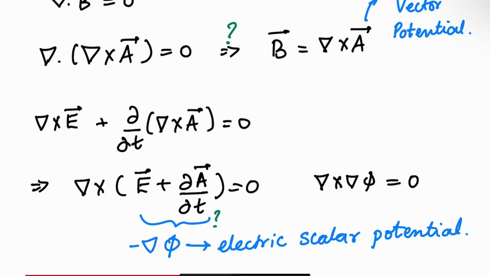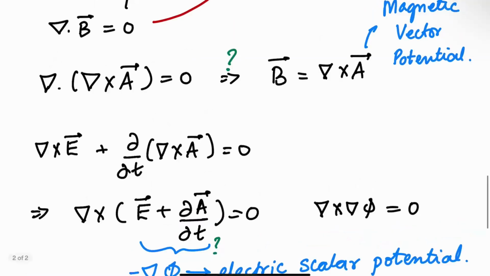Okay, so what I said here is the divergence of curl of A is 0, and we know the divergence of B is also 0, so B is equal to curl of A. But that's not obviously true, right? So you can take a simple example of derivative of 1 equal to derivative of 2 equal to 0. That doesn't mean that since they are equal, 1 equal to 2, right?